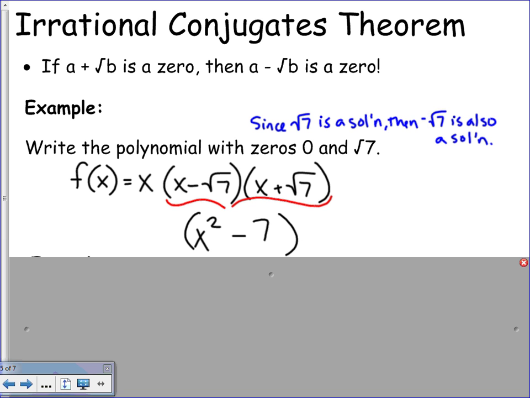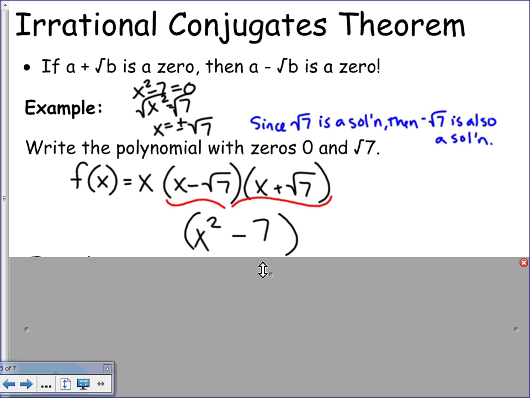Now, I'm going to stop before we continue multiplying, and I'm going to say, doesn't that make sense? If you were factoring and you had a factor of x squared minus 7, you would set that equal to 0. You would add 7 to both sides. And then you would take the square root, and anytime you take the square root to solve, you'd add a plus or minus square root of 7. So doesn't that seem to agree?